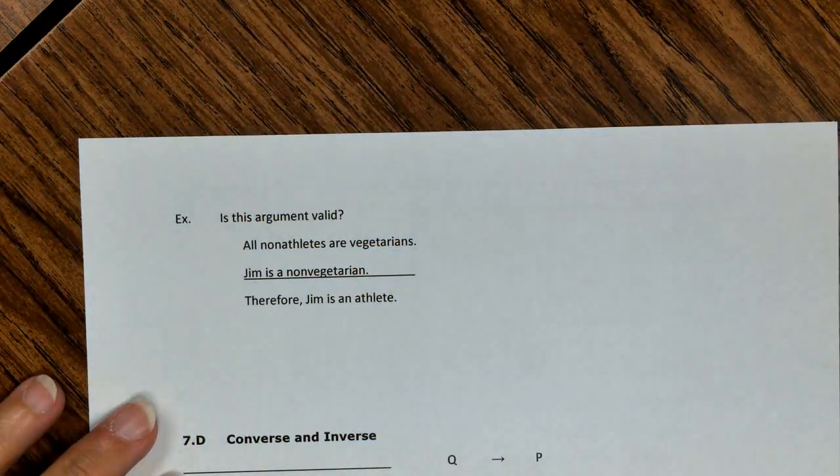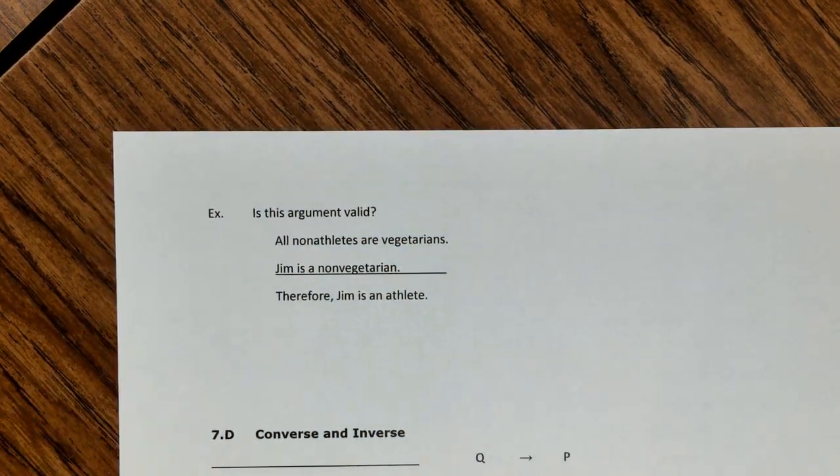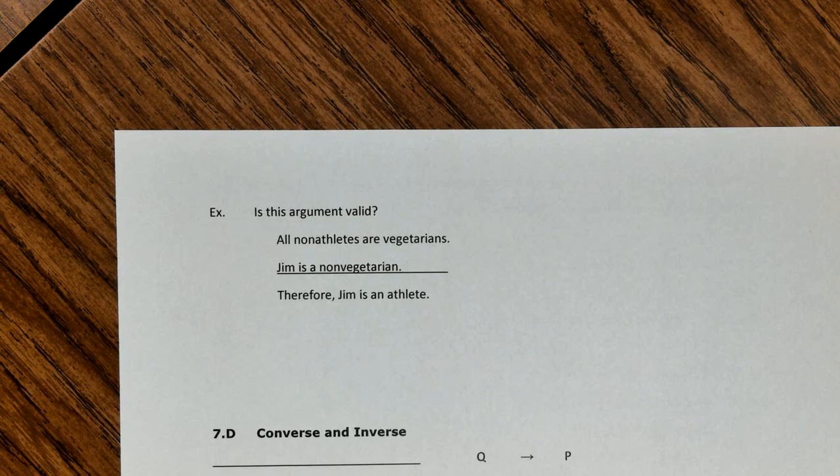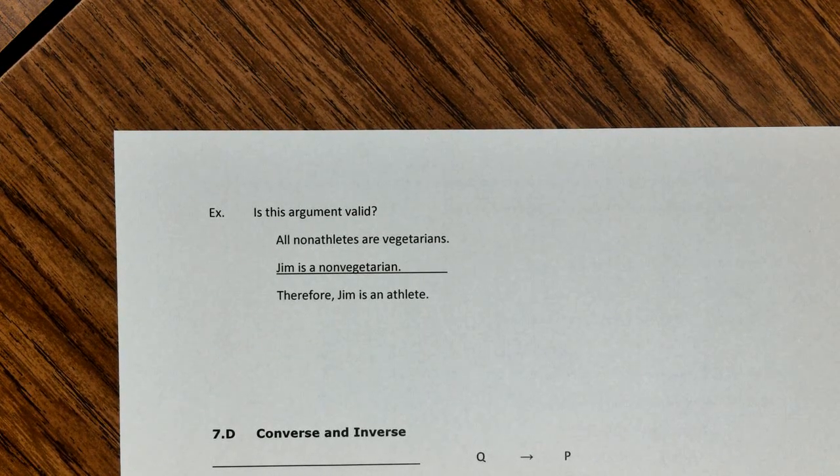Okay, there's more. All right, is this argument valid? Major premise: all non-athletes are vegetarians. Jim is a non-vegetarian. Therefore, Jim is an athlete. Okay, first, I know the major premise isn't true. I know a lot of non-athletes who are not vegetarians.